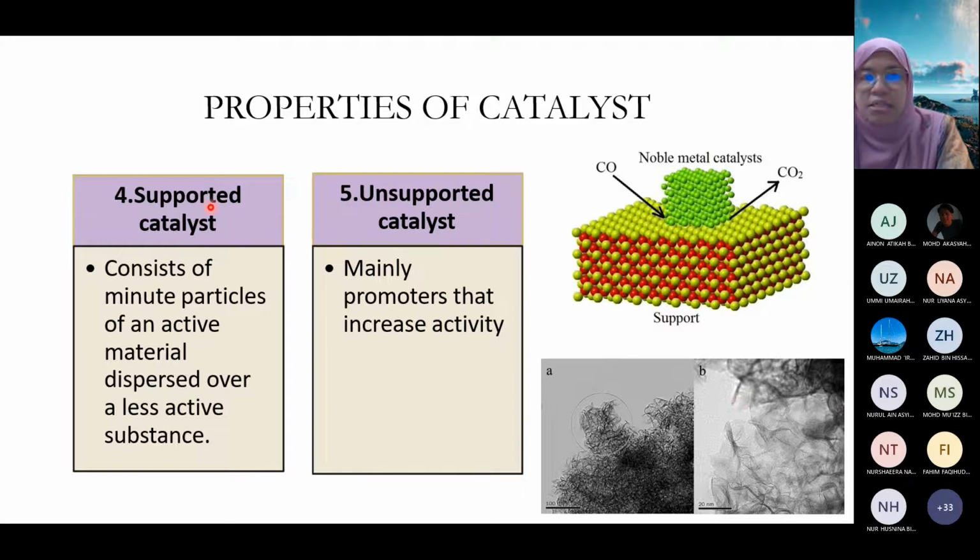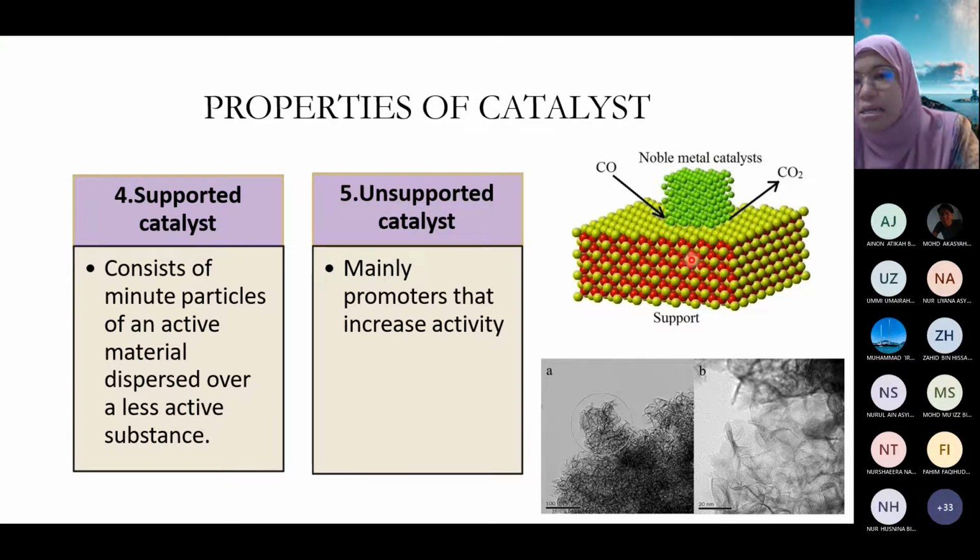And then a catalyst can be used as a supported catalyst or unsupported catalyst. For a supported catalyst, this is an example. You need to attach it, or there is another term for the catalyst that we use on another support. The support is another type of metal. For a noble metal catalyst, you can attach it with carbon or another type of metal.